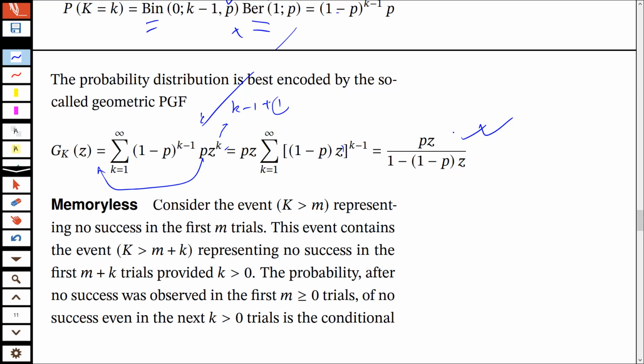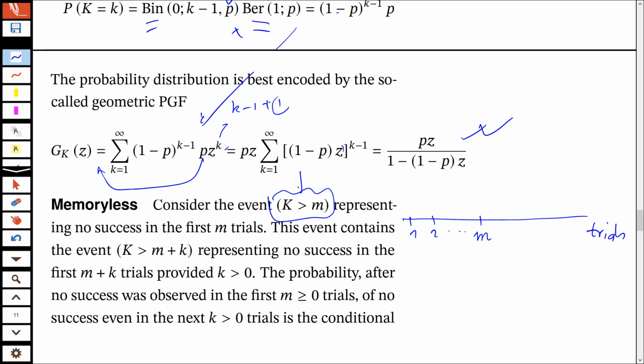So let's say that I am waiting for that first success. These are trials. Let's say I'm indexing the trials, and this was trial 1, this was trial 2, and so on. And let's say I imagine a scenario where no success is observed in the first m trials. I can describe this situation by the event k greater than m.